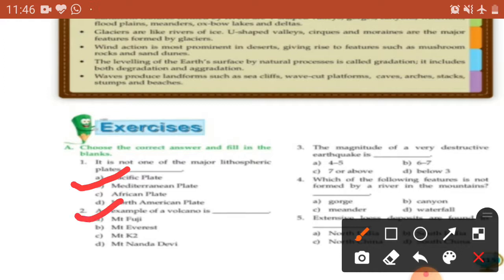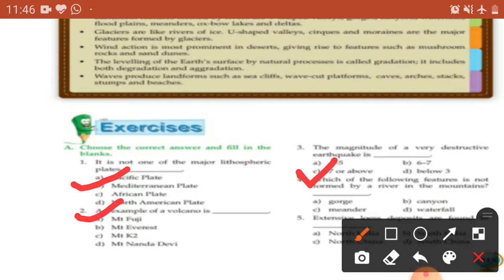Next, the magnitude of a very destructive earthquake is, and our options are A 4 to 5, B 6 to 7, C 7 or above, D below 3, and its right option will be option C, 7 or above. Next, fourth question: which of the following features is not formed by a river in the mountain?